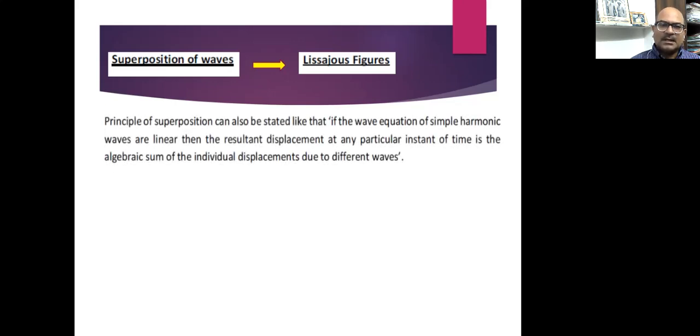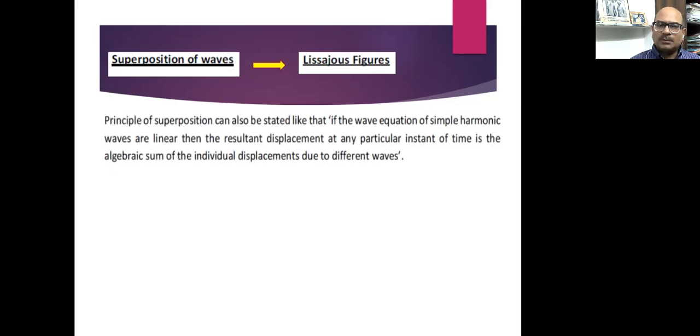Now we are going to learn a very important part, because when simple harmonic waves, or any wave, will move in any direction, we are going to learn the superposition of waves that will lead to Lissajous figures. What are Lissajous figures, where we can use them, and what are their applications, we will try to understand.